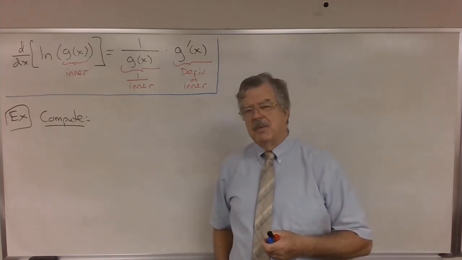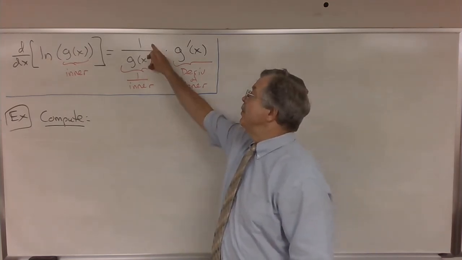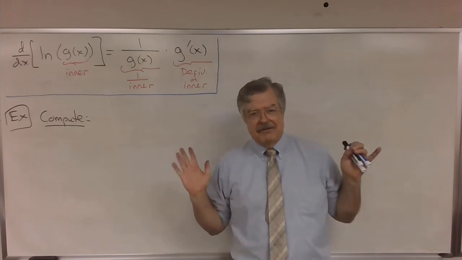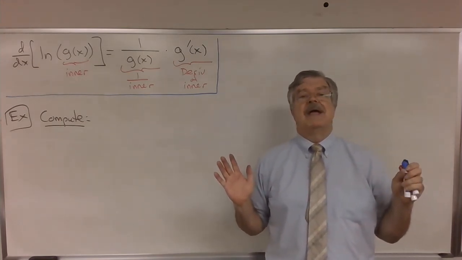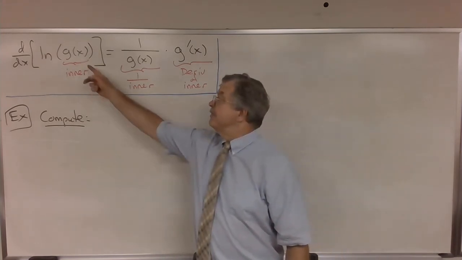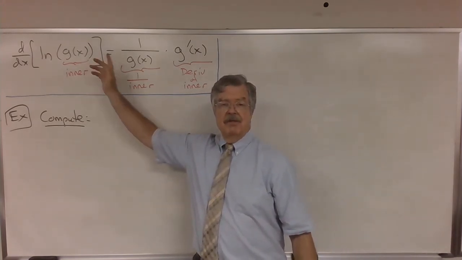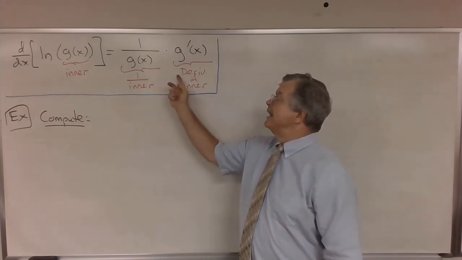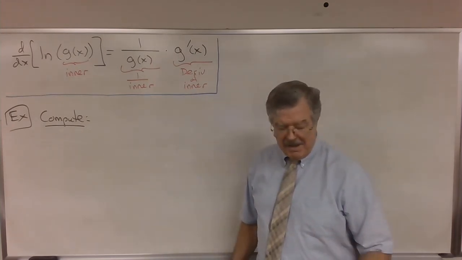And essentially when we do that, we're going to say, okay, 1 over the inner times derivative of the inner. That's the way we're going to do it. That's the way everybody who does calculus computes the derivative of the natural logarithm evaluated at a function. 1 over the inner times derivative of the inner.